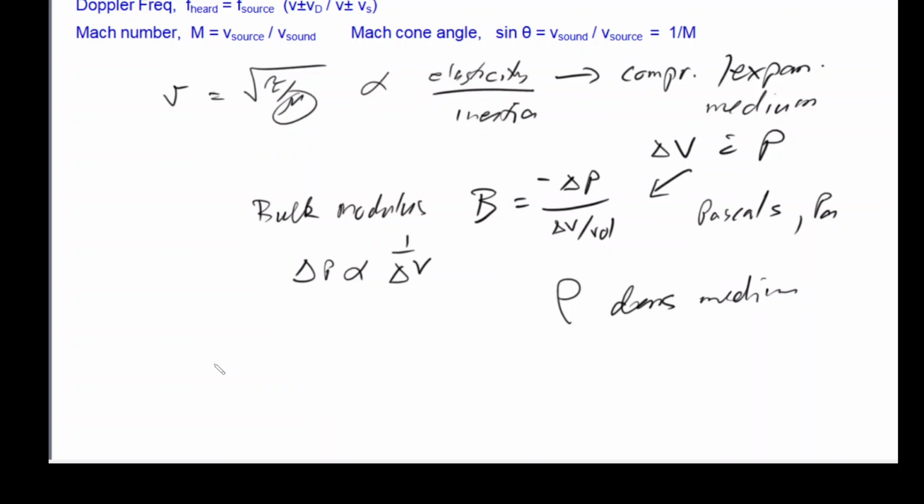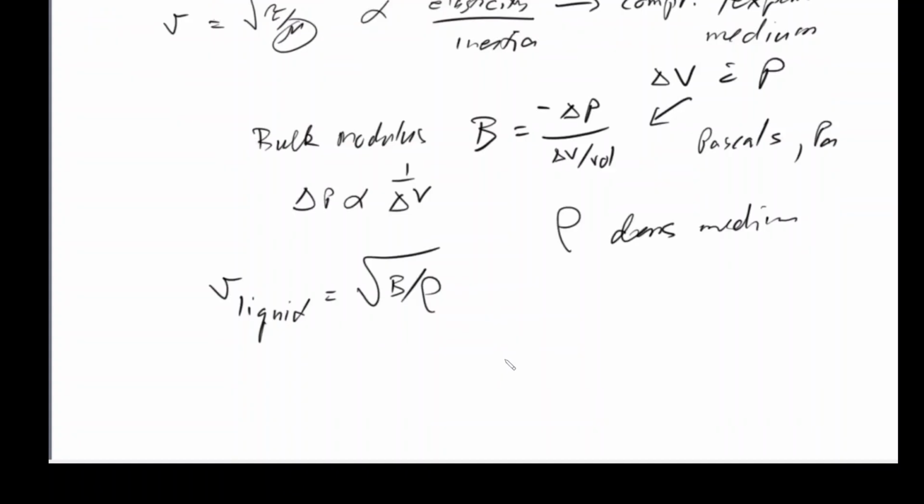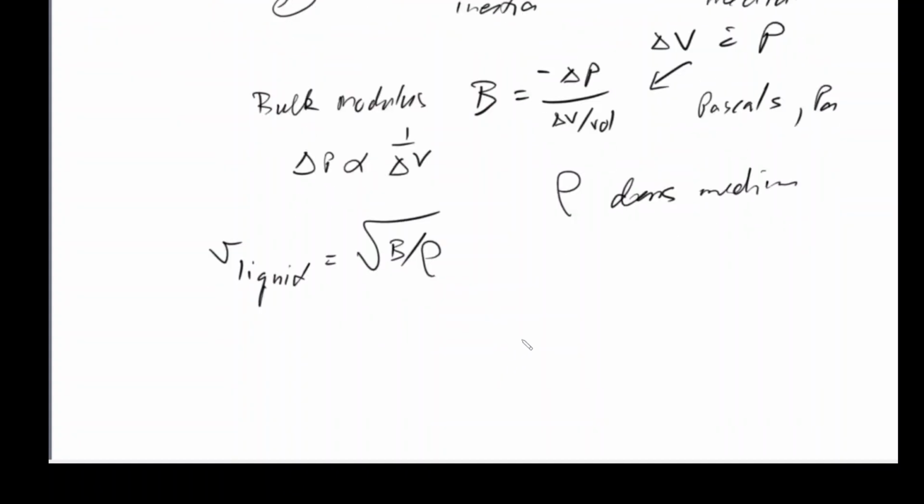So our equation for velocity in a liquid medium becomes the square root of B over density, where B is the bulk modulus and rho is the density of the medium.